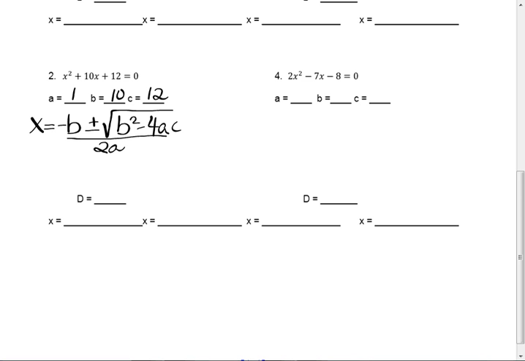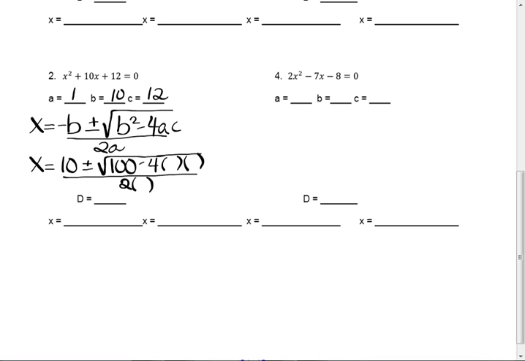And I know I'm going to run out of space. Okay, DeMonte, do you have a handout? Good. So, x equals the opposite of b. What's that going to give me, Sayla? What's the opposite of 10? 10. Plus or minus. And don't show the substitution. Just square it. What's 10 squared? 100. Minus 4 times a times c. Now, I don't write the quadratic formula on my answer key because there's not enough space.